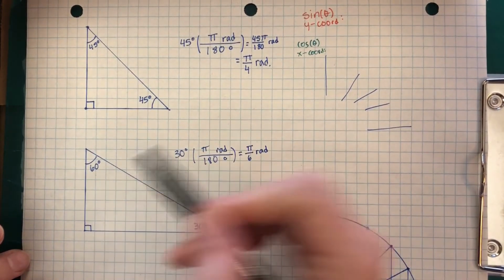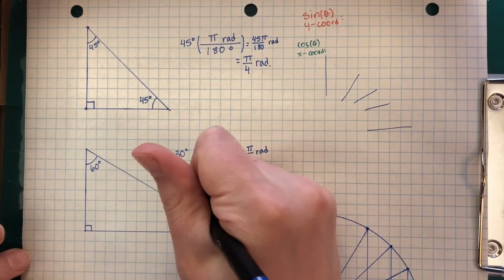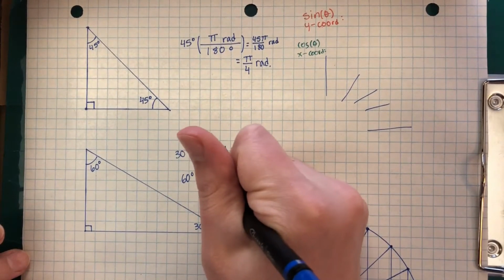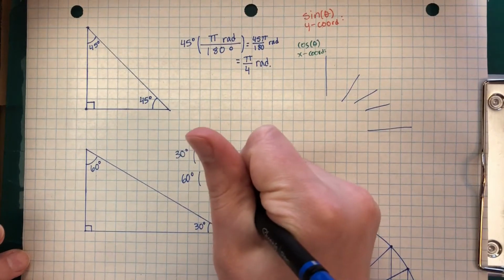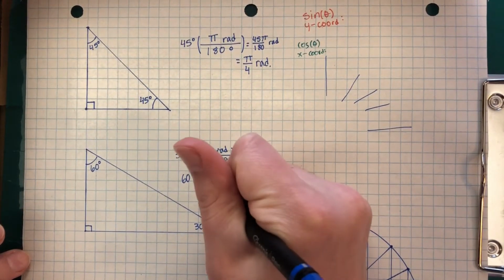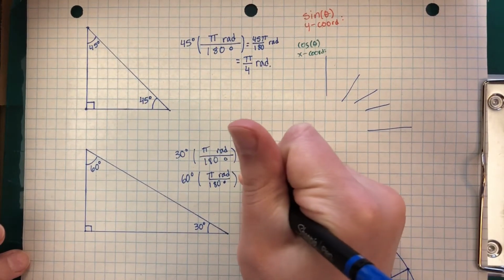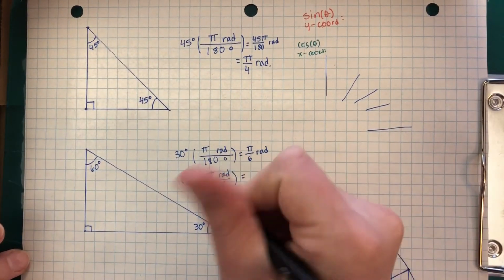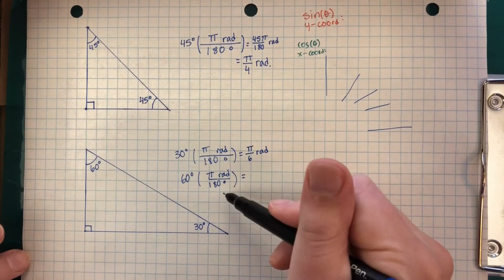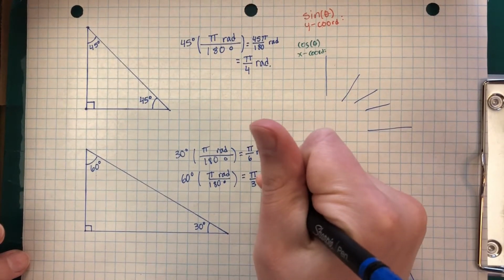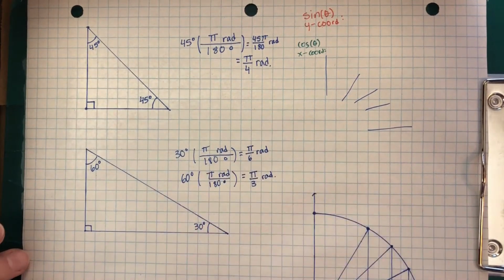And because I have this angle 60 degrees, why don't I do that one also? 60 degrees, pi radians over 180 degrees comes out to equal 60 over 180, that's 1/3. So this is pi over 3 radians.